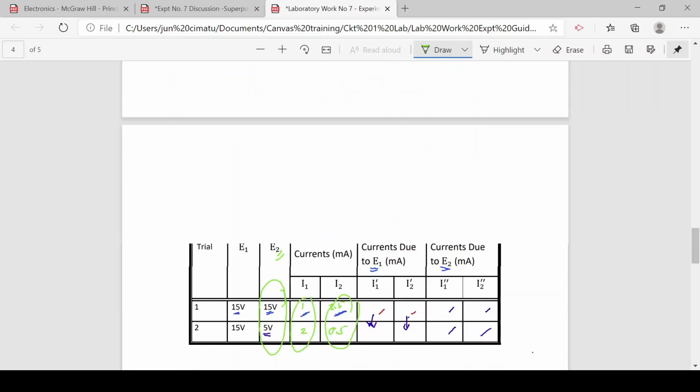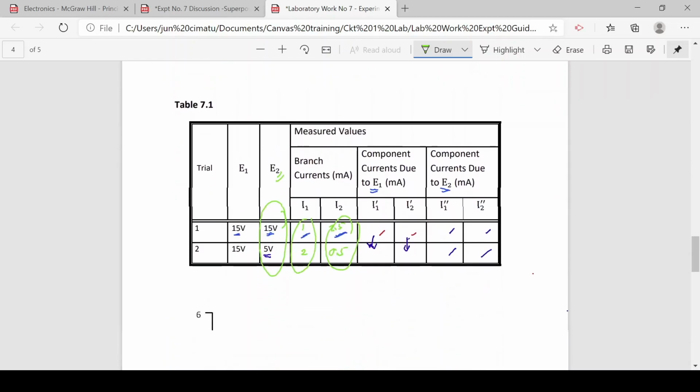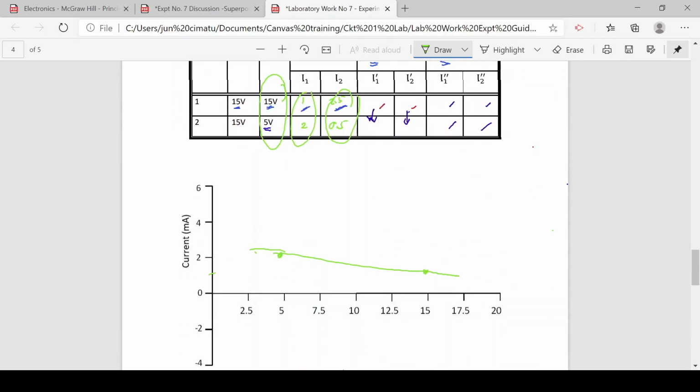Meaning if there is a decrease in voltage on one side of the circuit, then the tendency for the current in the branch of I1, which is near the source B1, is to increase at 5 volts of E2.